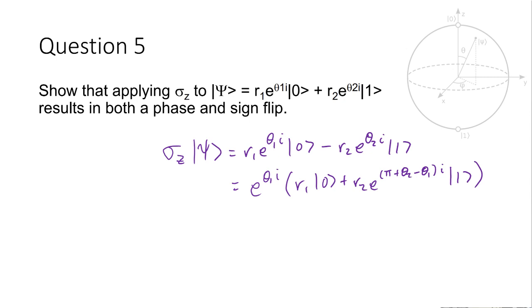So when we do that, we can see what happens to our quantum state psi much more readily. Our state is changed to pi plus the relative phase, adjusted between 0 and 2 pi. And so this lets us see that it's a phase flip, and so Z is called the phase flip gate. Since it reverses the sign of the second amplitude, it's also a sign flip.